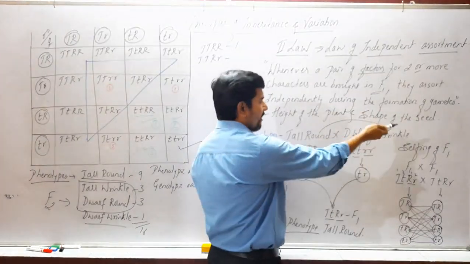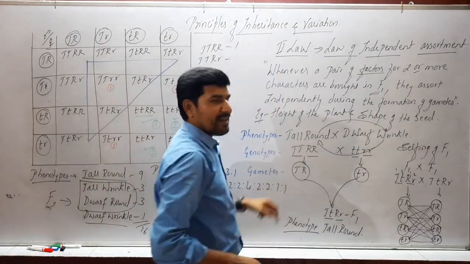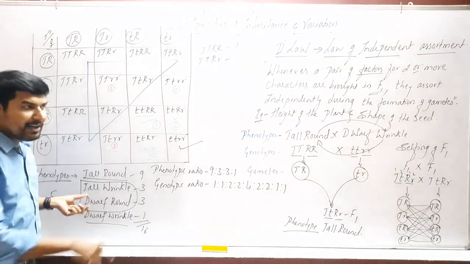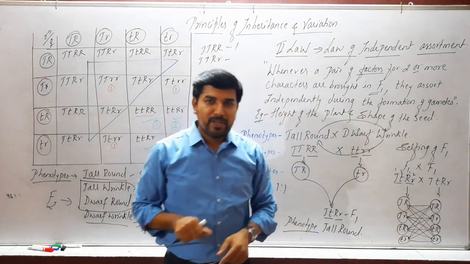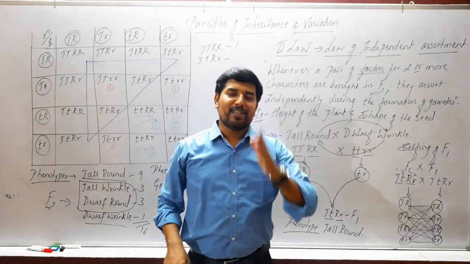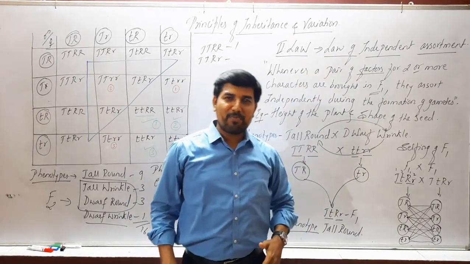That means dwarf round characters will come. This wrinkle character will move to the tall. So tall and wrinkle. These two new recombination characters are obtained due to independent assortment of the characters. So these characters are not fixed. They move independently of each other. That's why this is the law of independent assortment.